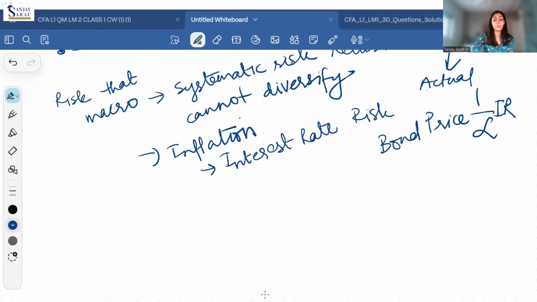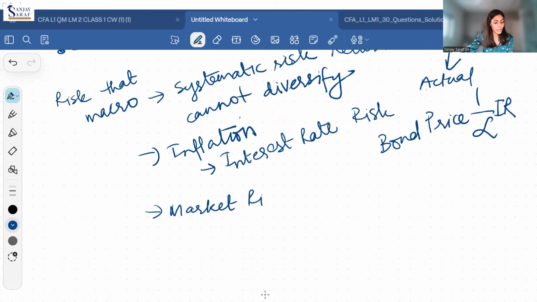Then again, when we talk about macro risk, we cannot forget market risk. ऐसा कोई इवेंट हो गया, कोई ग्लोबल इवेंट हो गया, जैसे 2008 का ग्लोबल क्राइसिस हुआ था, जो ट्रेड वॉर्स चल रहे थे, या जो ईरान वॉर हुआ जिसकी वजह से पूरा मार्केट अफेक्ट हुआ.